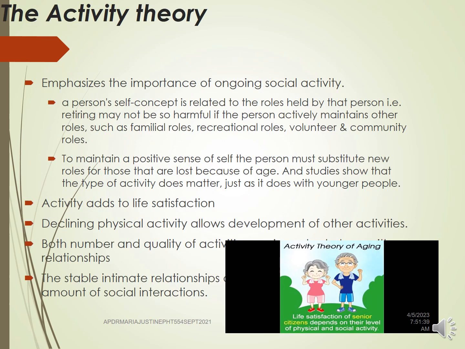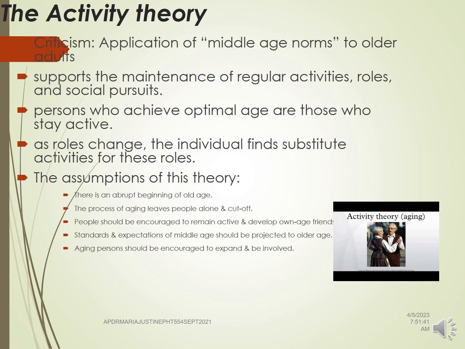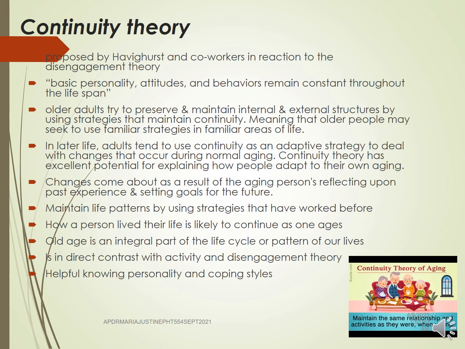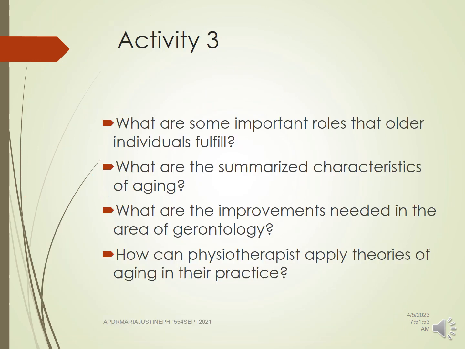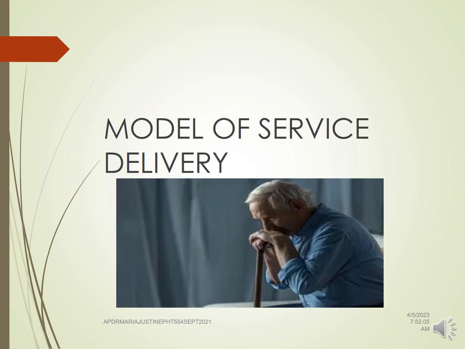The activity theory, the continuity theory, the life course theory. Okay, so that's all for the aging theories. Please listen to this video and read your notes at the same time. Thank you very much.